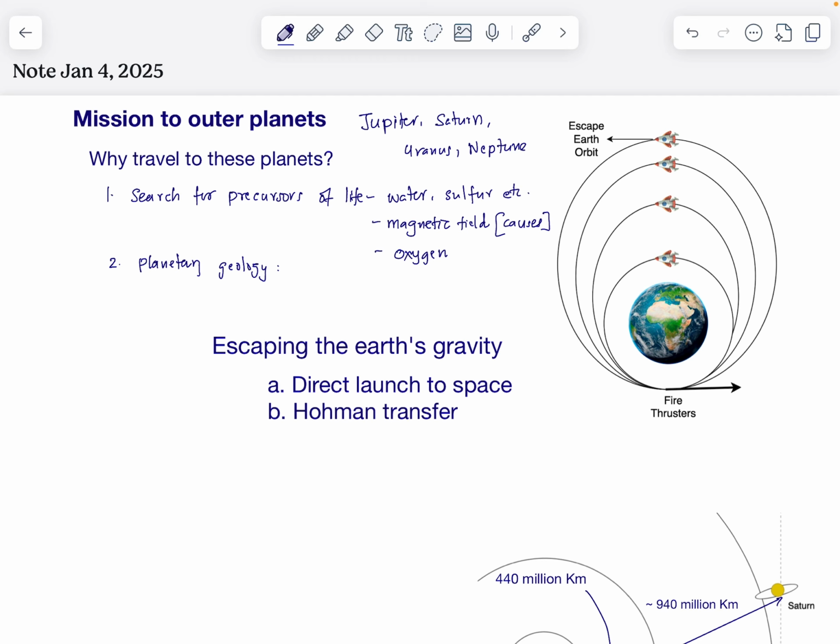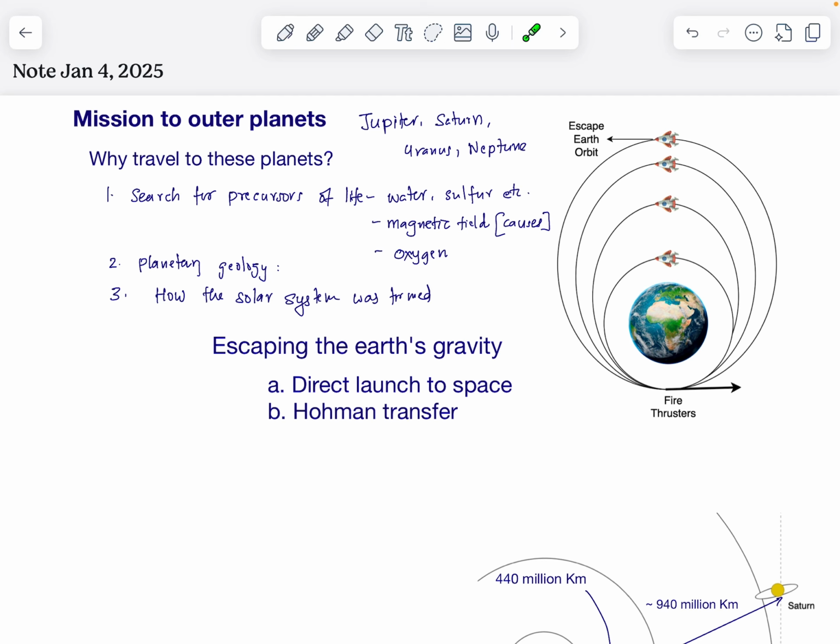That will explain to us what the phenomena were that caused the planets to take their current shape and form. The third thing is we will understand how the solar system was formed.